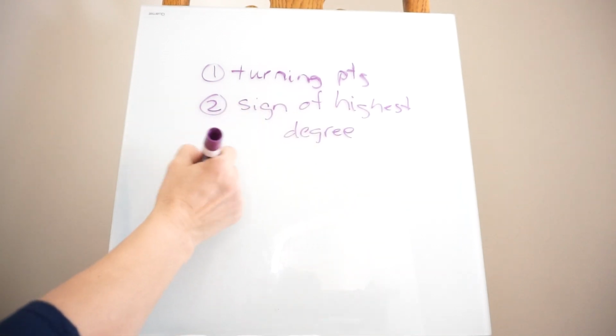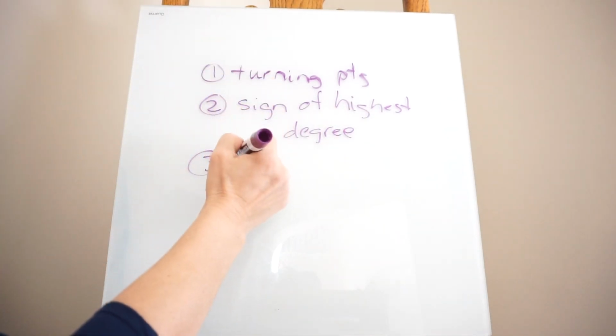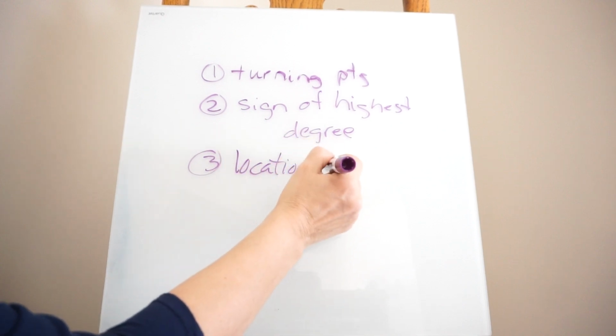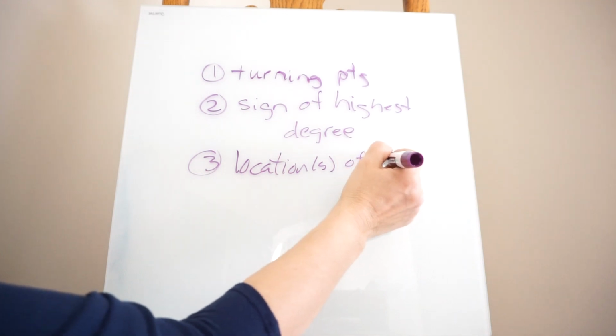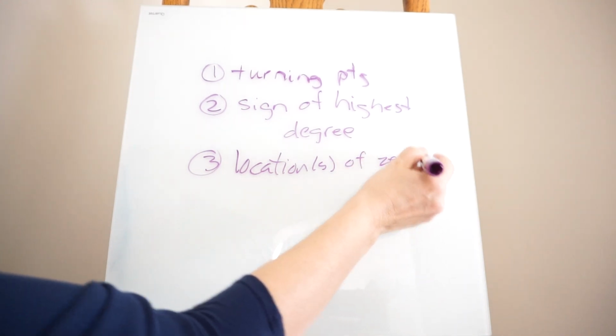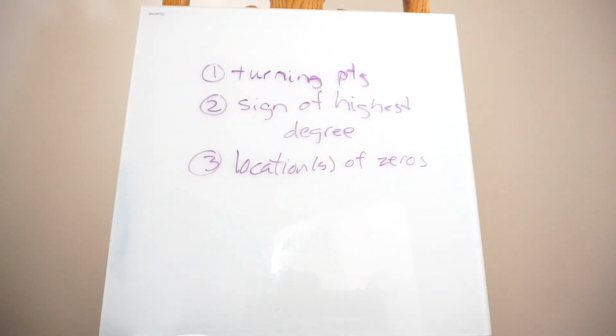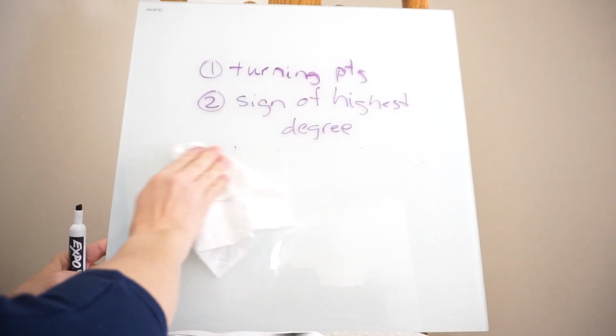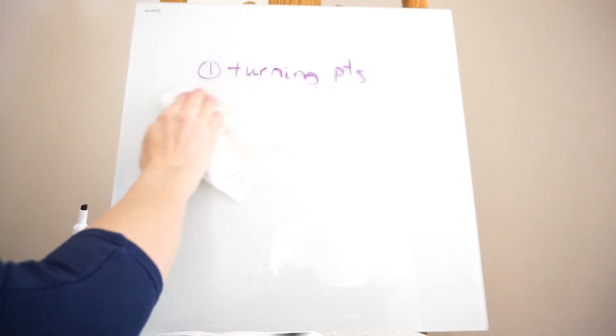And then we're also going to look at the location or locations of the zeros of the polynomial. Okay, so those are the 3 things that we're going to be looking at, and then see how we can start graphing these higher degree polynomial functions. So the first thing we're going to look at is the turning points.